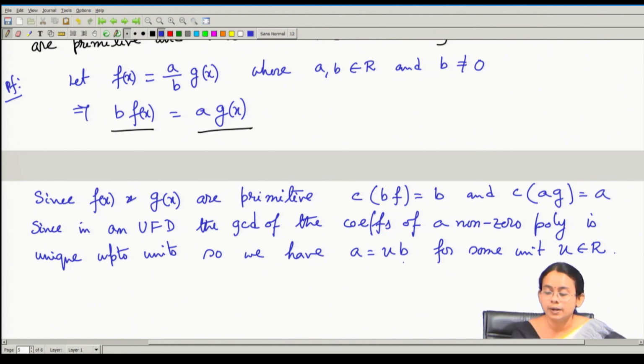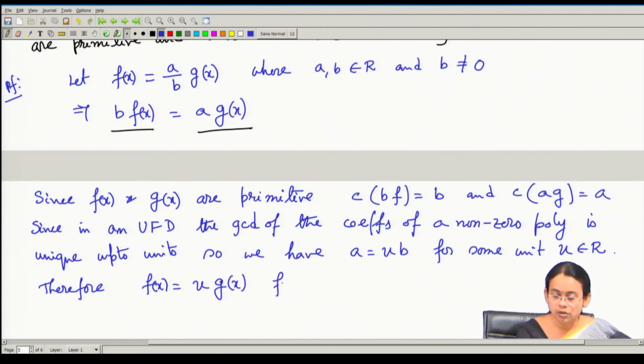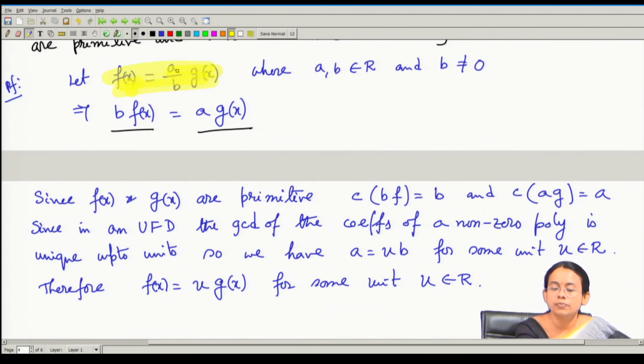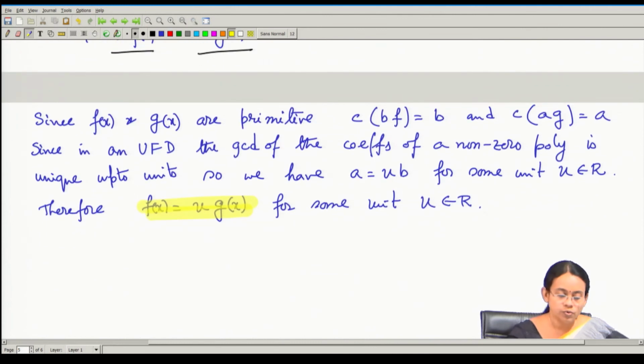So we can conclude that f(x) is nothing but u times g(x) for some unit u in R. You can see that I started with f(x) being a multiple of a unit times g(x), where this unit was in K, the quotient field, and now I have concluded that f(x) equals u times g(x), where this unit is now in R. That means I am able to prove that these two polynomials which were associates in K[x] remain associates in R[x] as well.